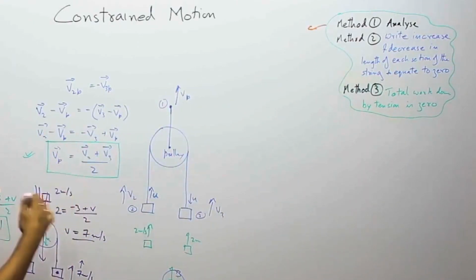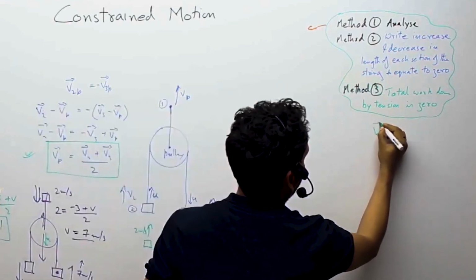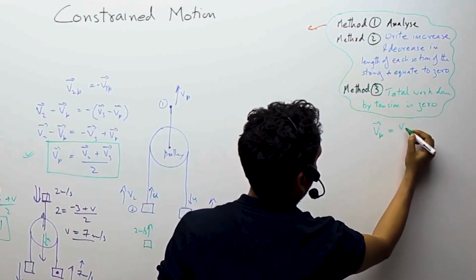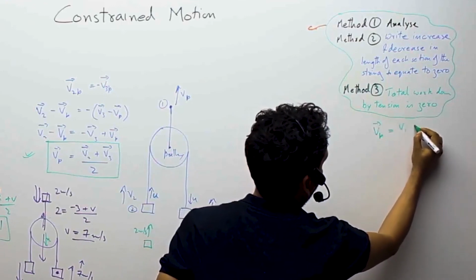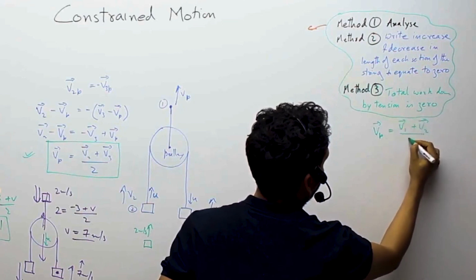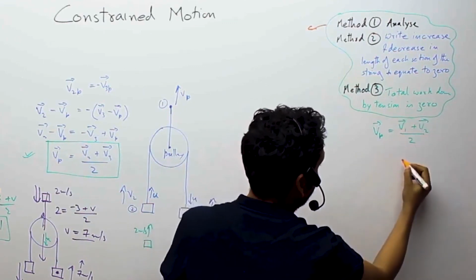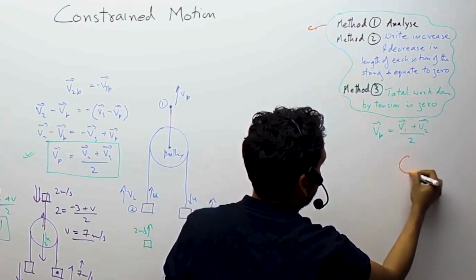If two things are overhanging a pulley, then we can say the velocity of the pulley is equal to the velocity of body 1 plus the velocity of body 2, the two bodies overhanging the pulley on two sides, divided by 2, in a vector equation.